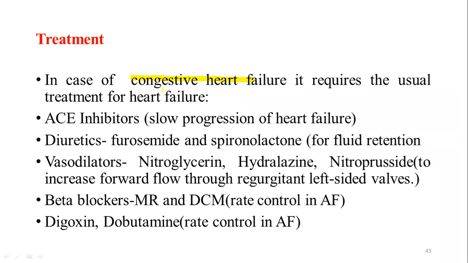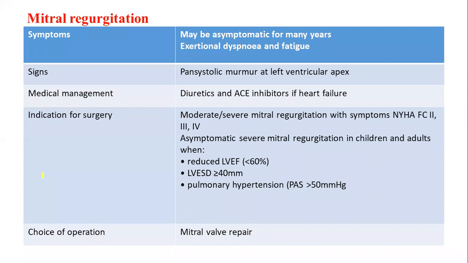So in case a patient is having congestive heart failure, now you can consider the basic treatment regimen we discussed in the beginning of the semester about heart failure management: the ACE inhibitors, the diuretics, the vasodilators, the beta blockers, and of course digoxin. Those inotropic agents can also be considered in advanced settings.